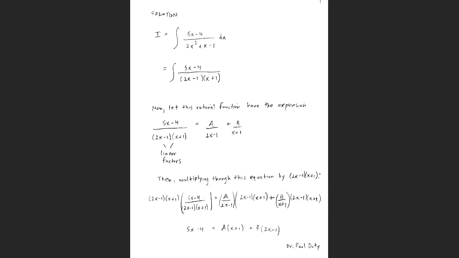So certainly I can rewrite my integral I as the integral of 5x minus 4 over 2x minus 1 times x plus 1. Certainly we can do that. And what we have here in the denominator, the 2x minus 1 and the x plus 1, are what are called linear factors, because they are of degree 1.